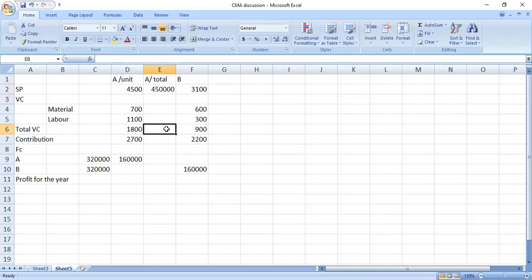Even my total variable cost, this times 100. I could multiply each line by 100, but for purposes of time, allow me to just use the total. The contribution can be the same as times 100, or you say the total minus this. Now officially, this is what you're now bringing.